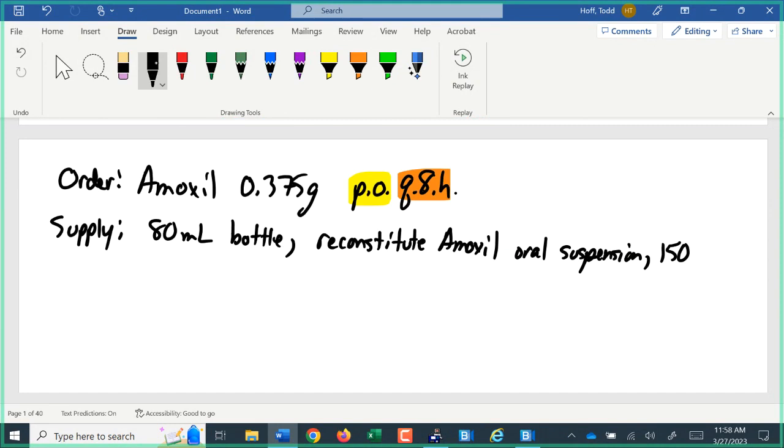Or sorry, 150 milligrams. I'm reading from the wrong problem. Oral suspension at 125 milligrams in 6 milliliters. So there's a couple of things here.